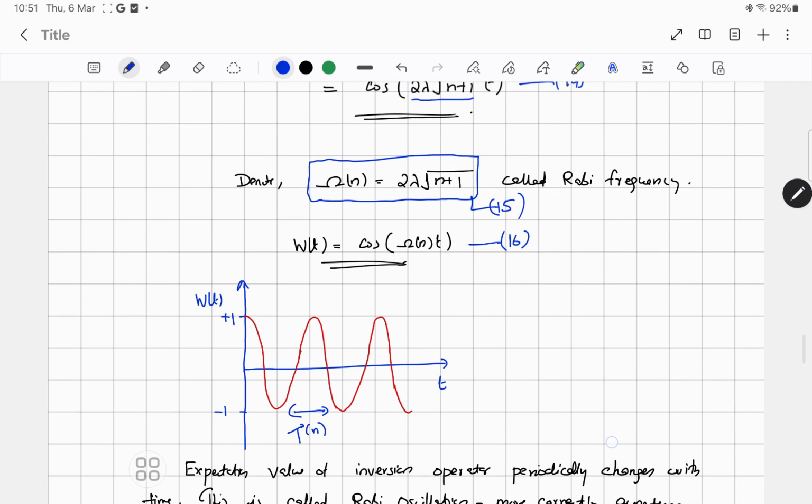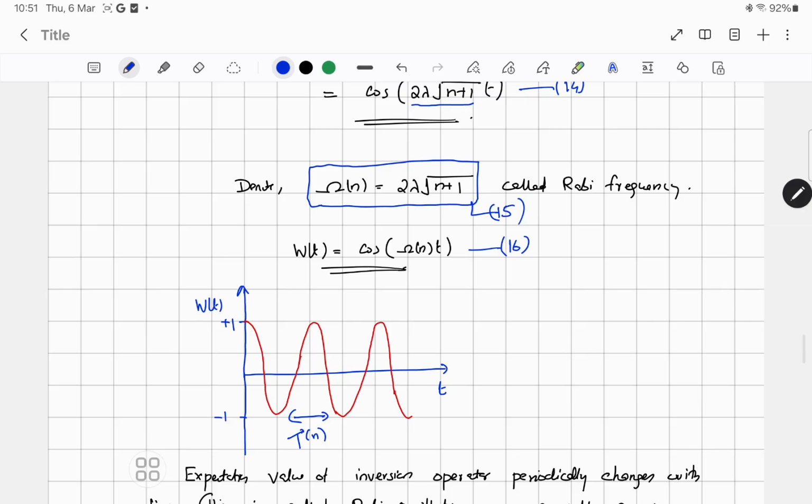If you look at the dynamics of the system, when the system is initially in the excited state with the total number of photons equal to n, the inversion operator varies in this way. The expectation value of inversion oscillates between plus 1 and minus 1 harmonically.